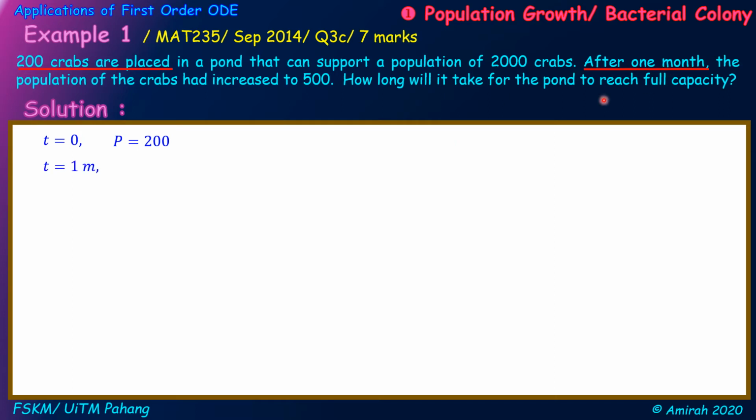After 1 month, T equals 1 month, the population equals 500, so P equals 500. How long means time t equals question mark. Reach full capacity means can support a population of 2,000, so we write population equals 2,000.